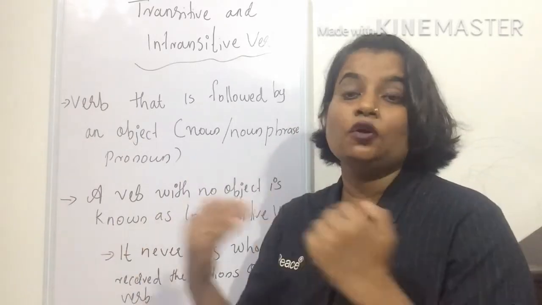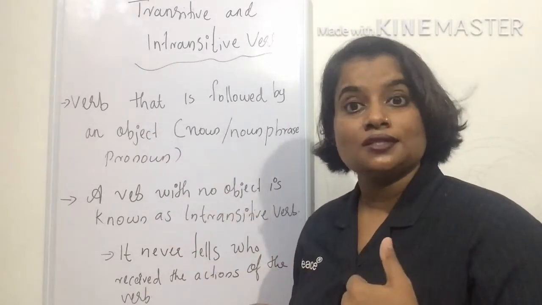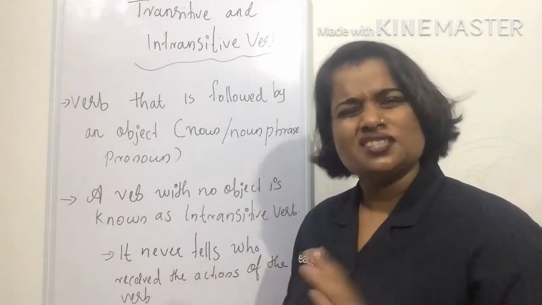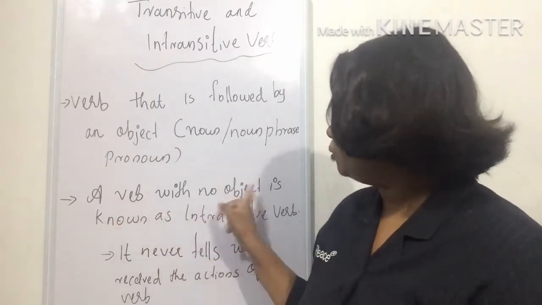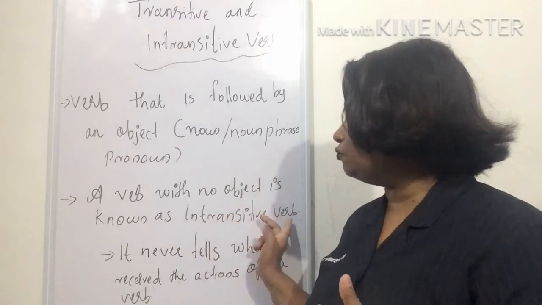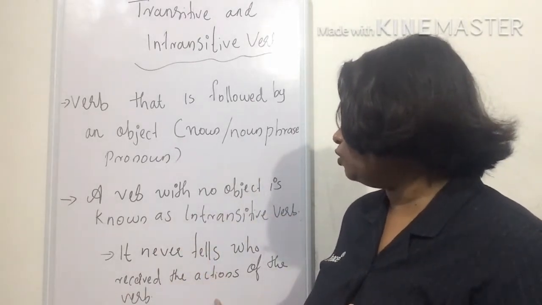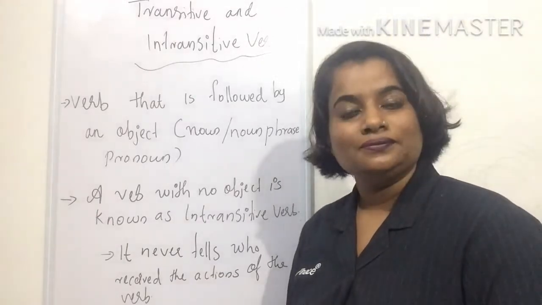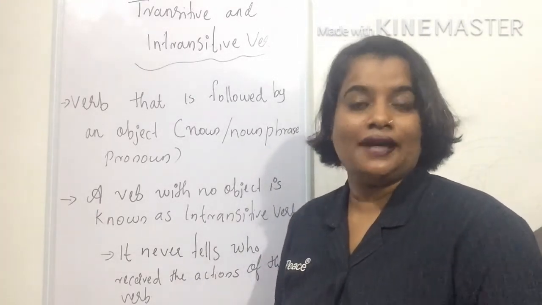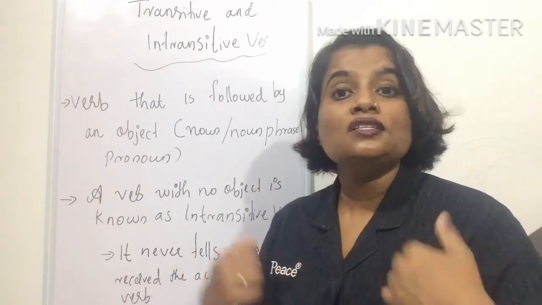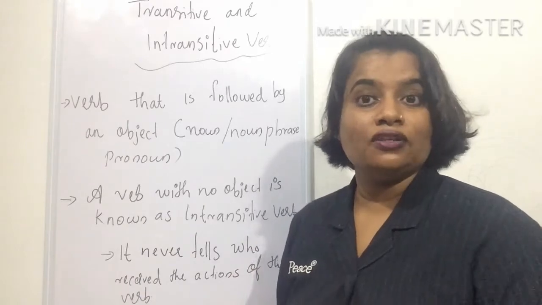A verb with no object is known as an intransitive verb. It doesn't have any direct object, and it never tells who received the action of the verb. It doesn't mention the receiver of the action.